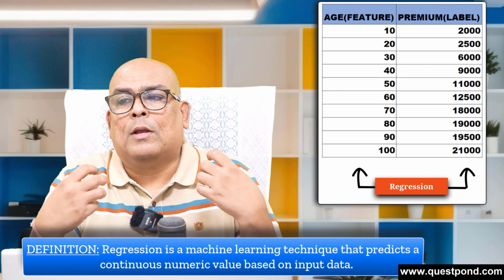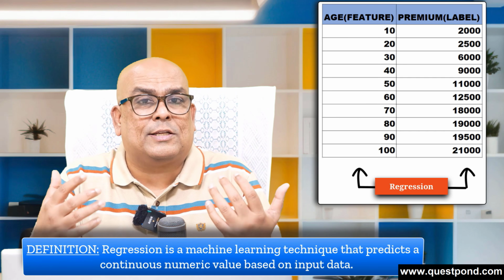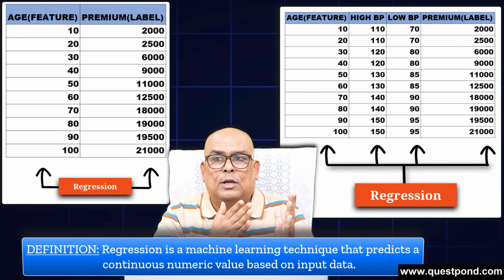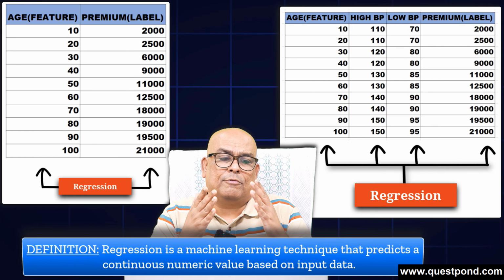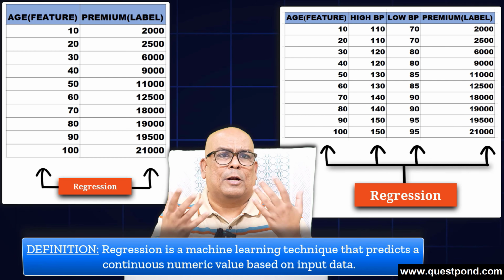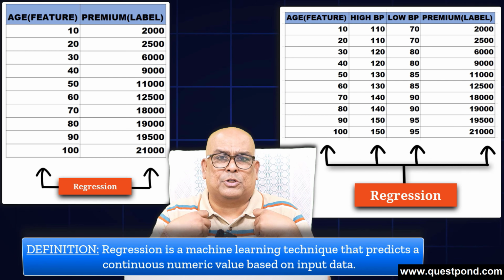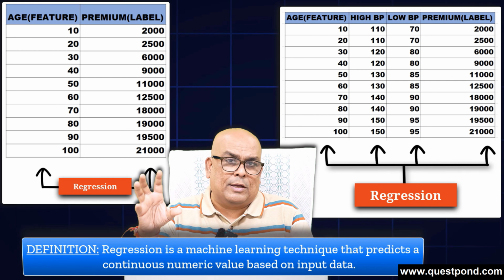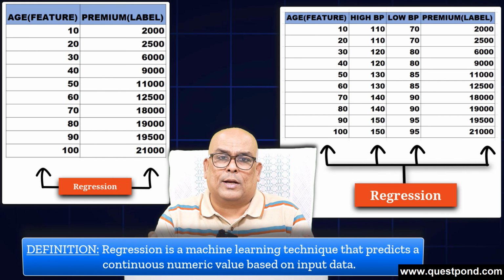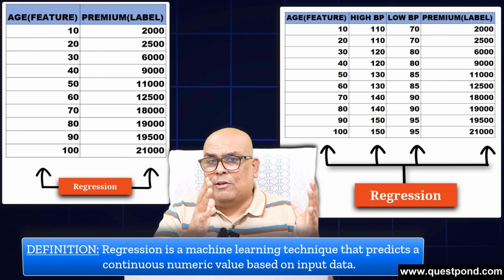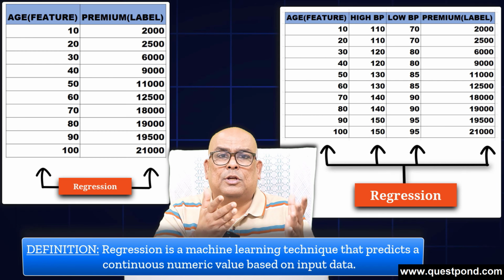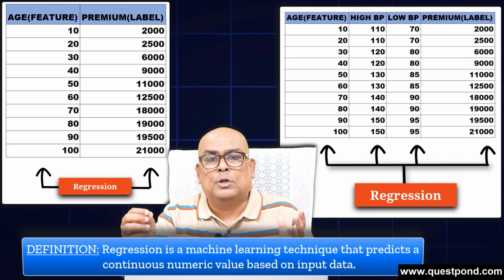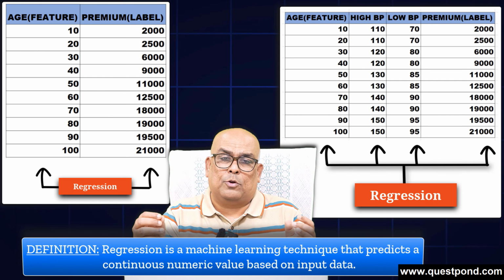Remember, it's not just two continuous values, it can be multiple continuous values. For example, we have the age and we also have the blood pressure. Depending on the blood pressure and the sugar, the premium of the insurance amount increases and decreases. So now you have three features: the age, the blood pressure, and the sugar, and depending on that you would like to decide the insurance value.